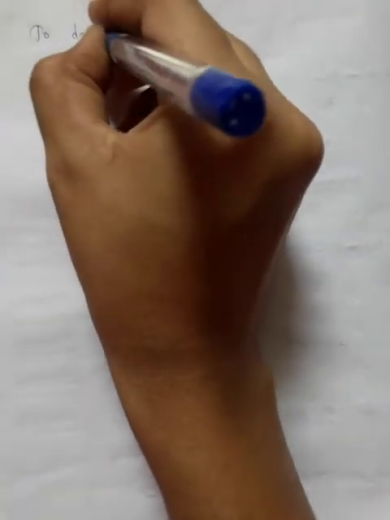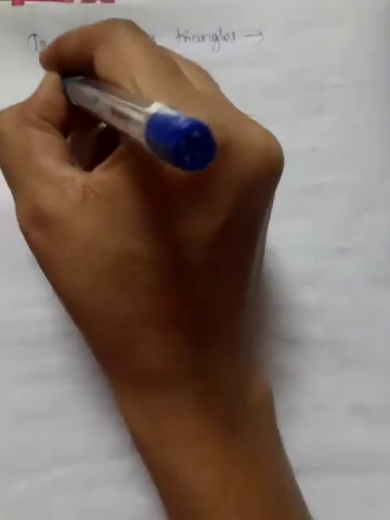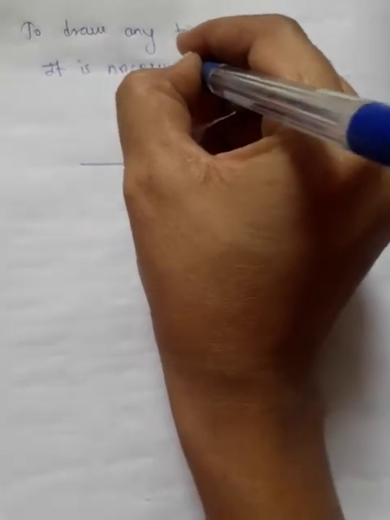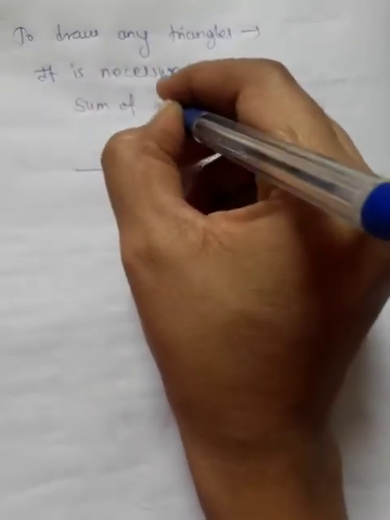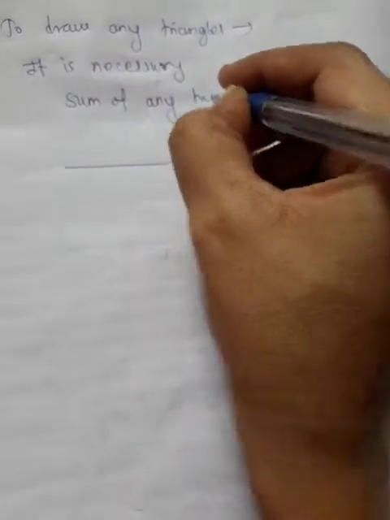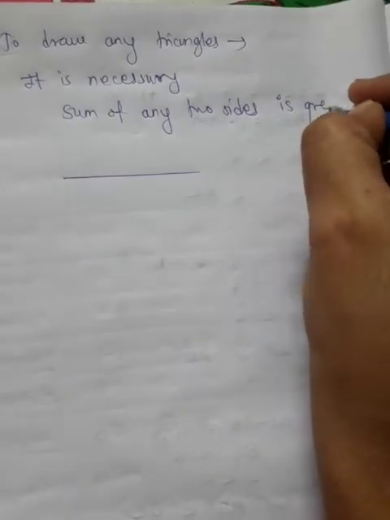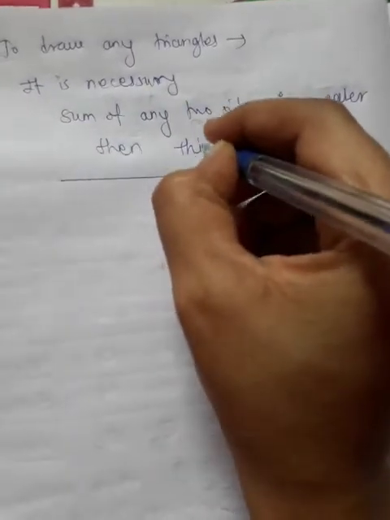So it is necessary, when we draw any triangle, that the sum of any two sides is greater than the third side.